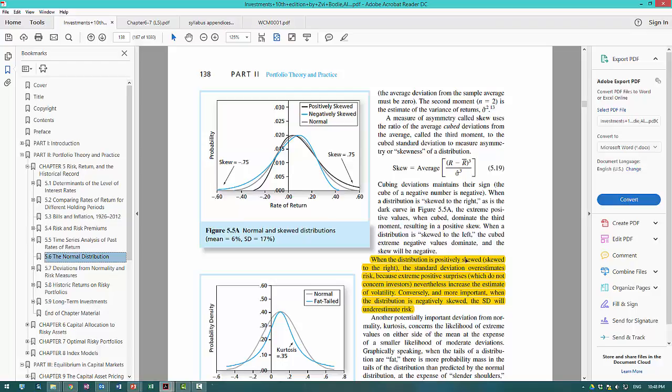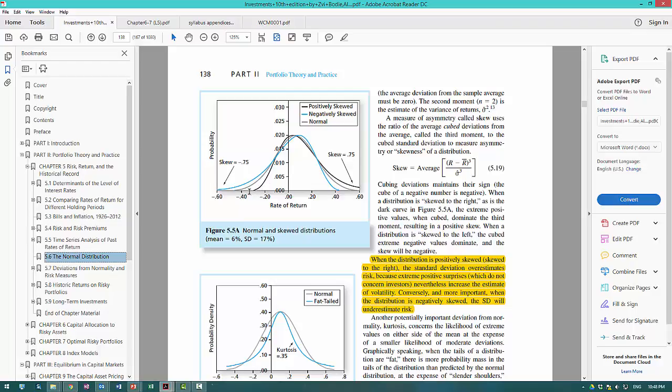When a distribution is positively skewed, the standard deviation overestimates risk. Now, what does that mean? First of all, the idea of risk here, I think we are referring mostly to downside losses.